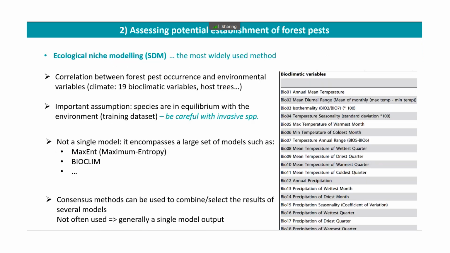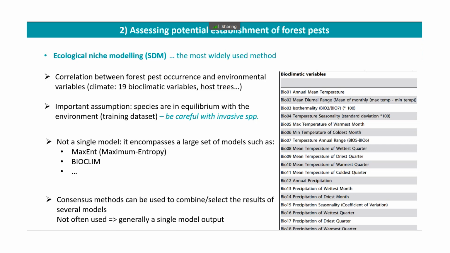But in fact, most of the models developed to assess the probability of establishment are based on ecological niche modeling and mainly on species distribution models. This is the most widely used method. And in fact, it consists in finding a correlation between the forest pest occurrence and environmental variables.